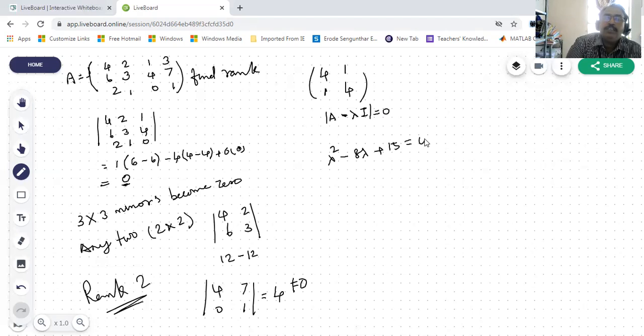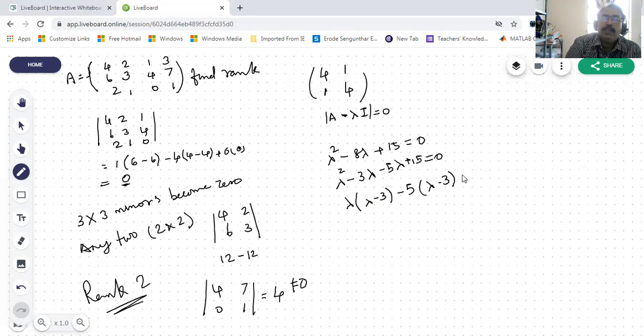You factorize this. This is lambda square minus 3 lambda minus 5 lambda plus 15 is equal to 0. And then we have lambda minus 3 into lambda minus 5.